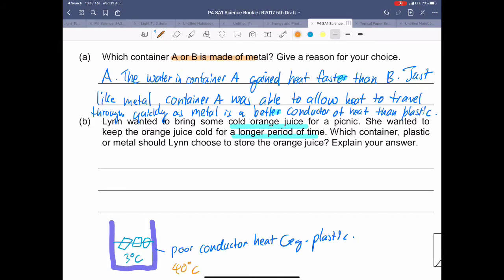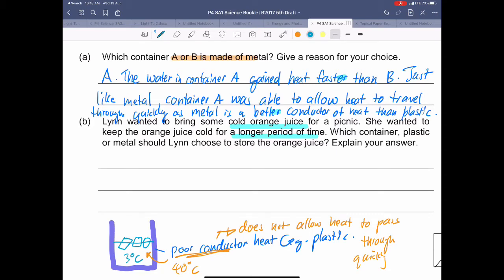Now, heat will travel from the surrounding into your drink. However, because it is made up of a poor conductor, it does not allow heat to pass through quickly. So your heat cannot go from your surrounding into your cold water very quickly, thus keeping your liquid cold for a longer period of time.